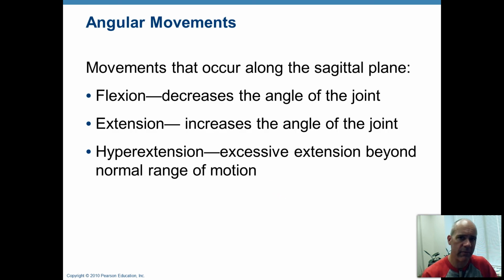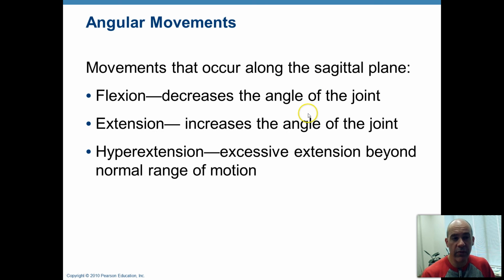All right, now let's get into some of the terminology that we will be hearing a lot more as we go through the Unit 4 anatomy. These are important terms. So movements that occur along the sagittal plane. That means if you've got a human subject standing in anatomical position and you're viewing them in a sagittal plane, you're looking at them in a lateral type view.